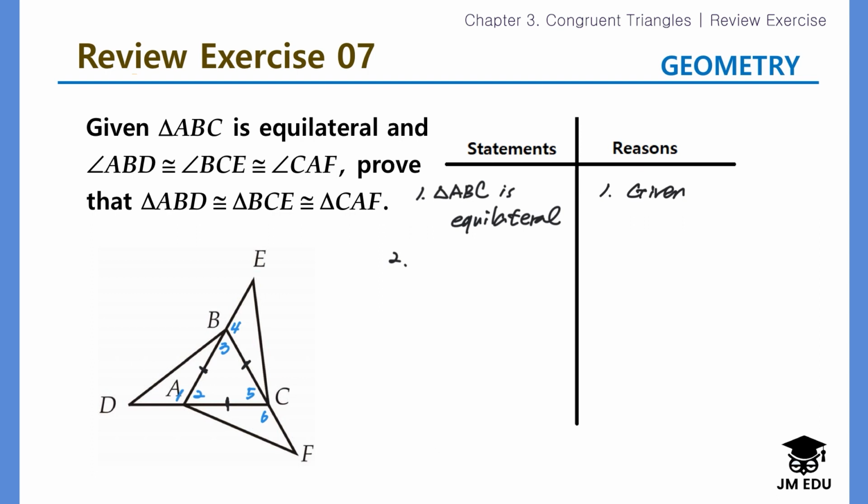So since triangle ABC is equilateral, we know that side AB is congruent to side BC, which is congruent to side AC, right? That's definition of equilateral triangle, right?